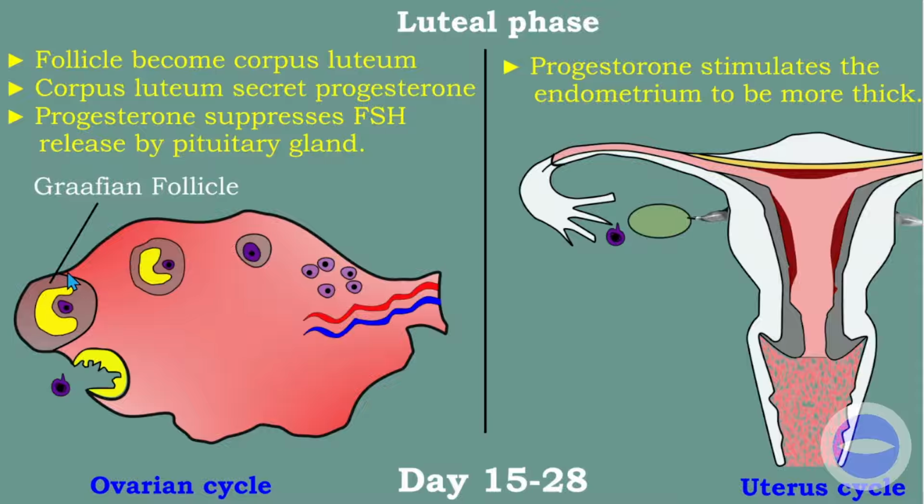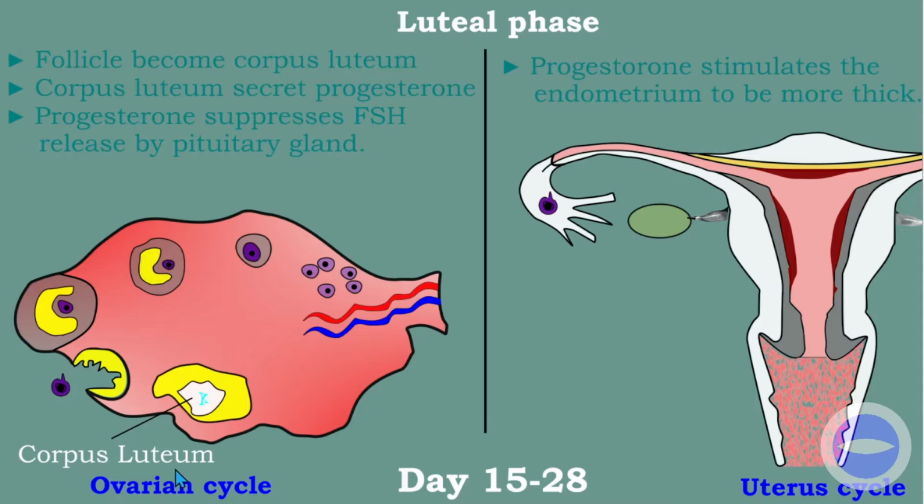So here we have the Graafian follicle, and after ovulation, this Graafian follicle has changed to become the corpus luteum. So now we have the corpus luteum. We are no longer calling it a Graafian follicle. Now it's a corpus luteum.